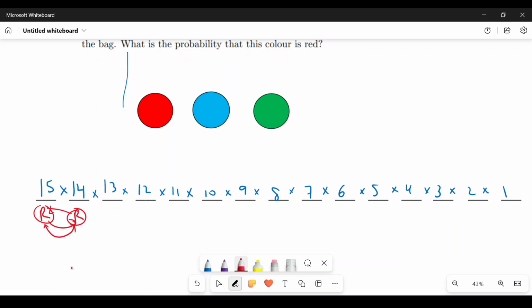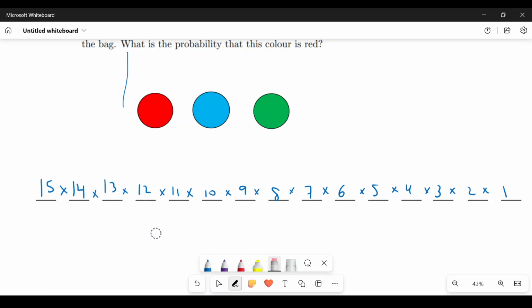That would be the same event because the red marble is identical to the other red marble. So in fact, this 15 factorial that I've written is the number of ways if all 15 marbles were different. But of course they're not. Some of them are the same.